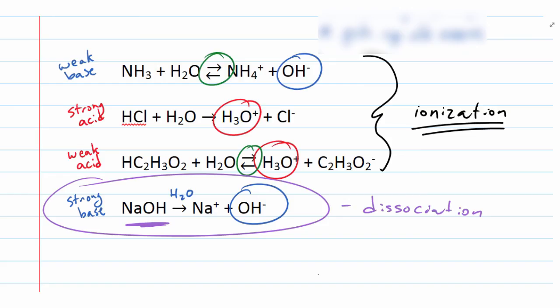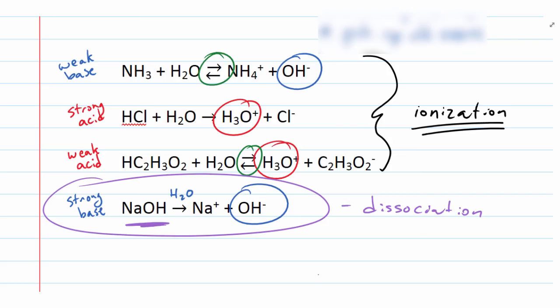So these are molecular compounds, and when they react, they form ions. That's what it means when we talk about ionization. We don't talk about ionization occurring for this one because it already is an ionic compound. In this case, the ions simply dissociate when we place it into water.